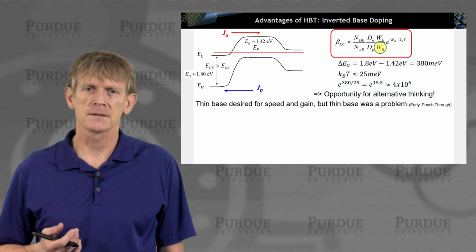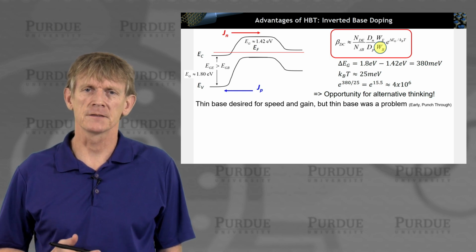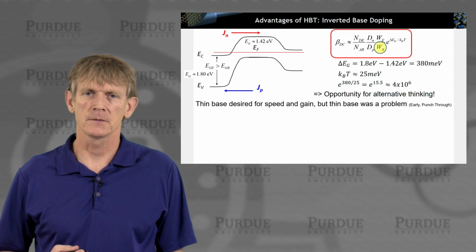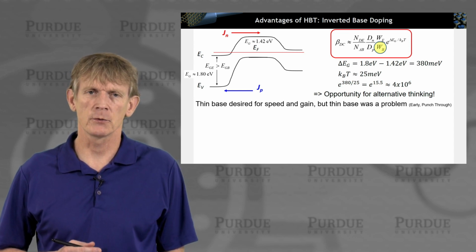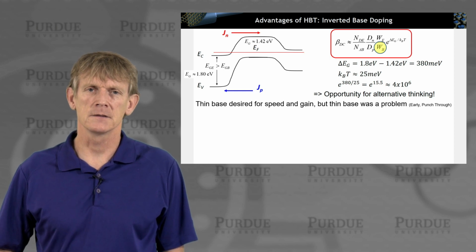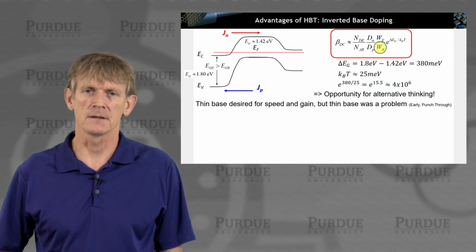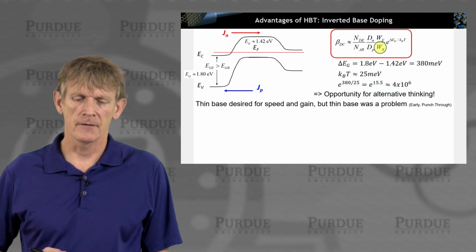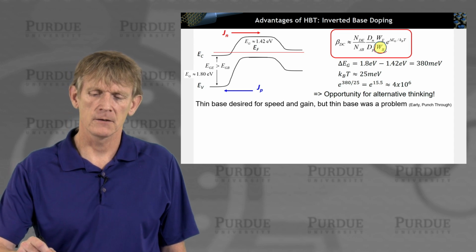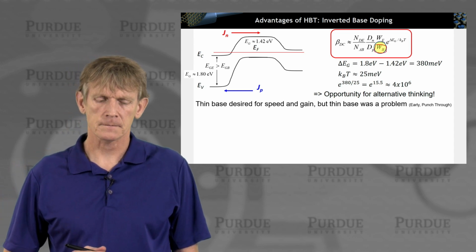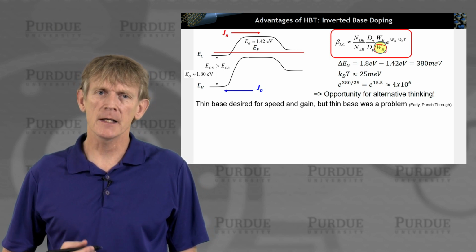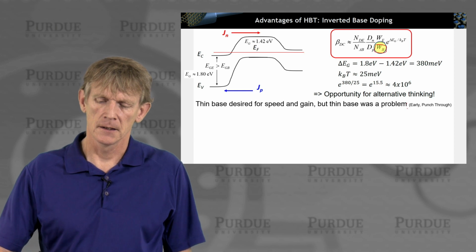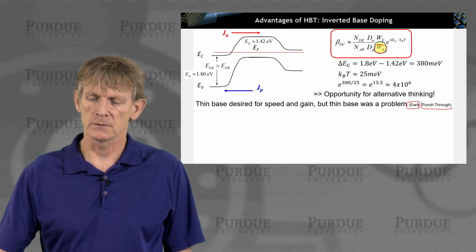All right, in the past, we wanted to have a thin base for speed, okay? We wanted very fast transit times so we can crank up the operation frequency under AC. We also wanted a thinner base because if we make this small, we can crank up beta, right? But if we made it too small, we saw the effects in the early voltage and at punch through, right?